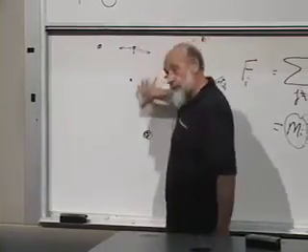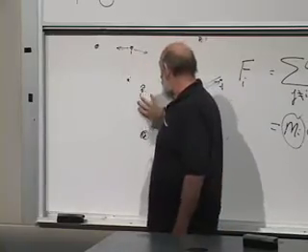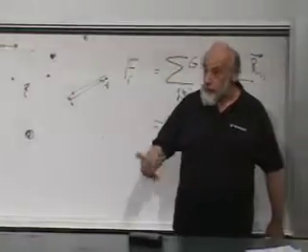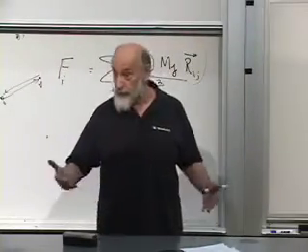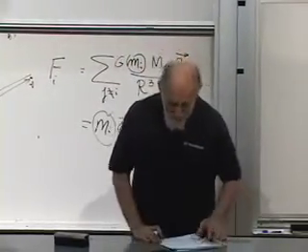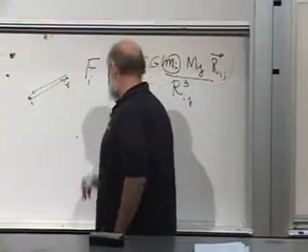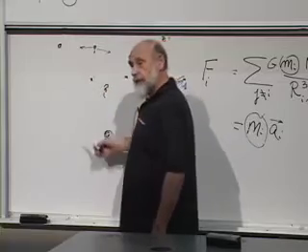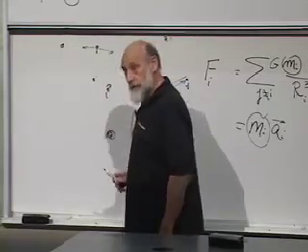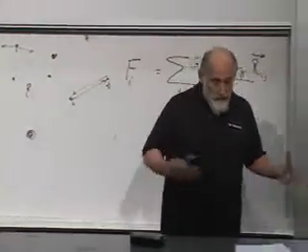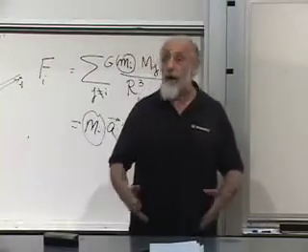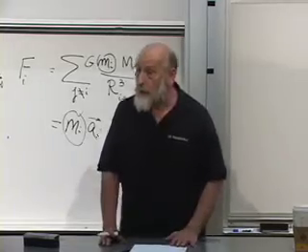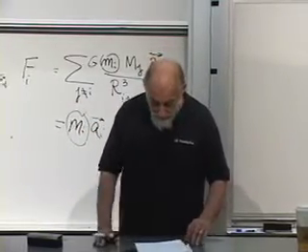Once you let the system evolve, each one will cause a change in motion in the other one, and so it becomes, as you say, a complicated nonlinear mess. But this formula is for if you knew the position and location of every particle, this would be the force. You need to solve some equations to know how the particles move, but if you know where they are, then this is the force on the ith particle.